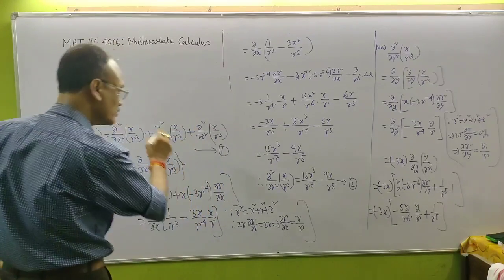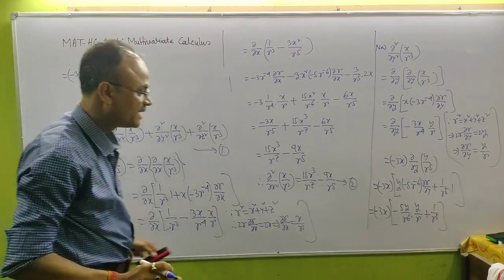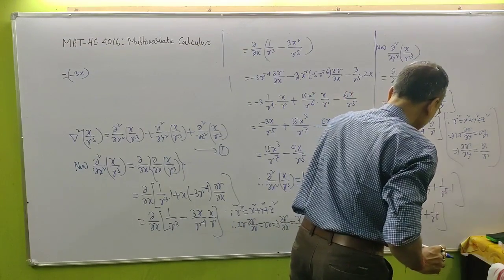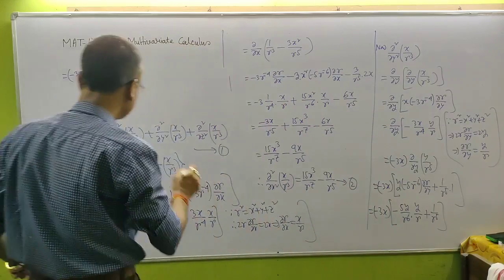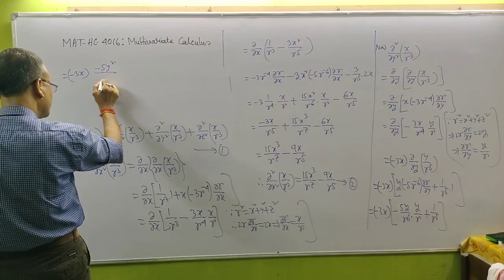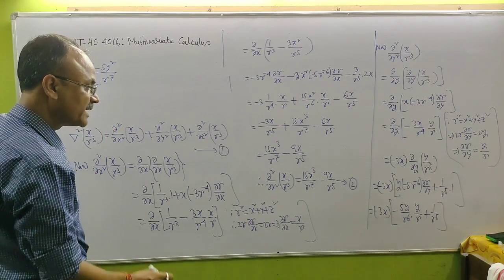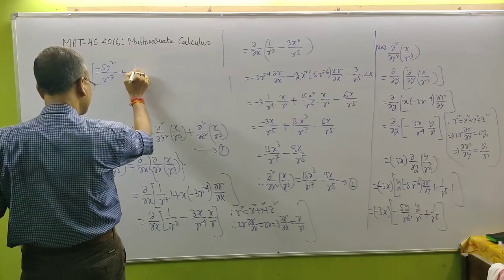Now, this is equal to minus 3x times minus 5y square by r to the power 7 plus 1 by r to the power 5.